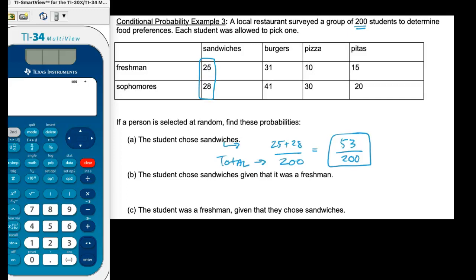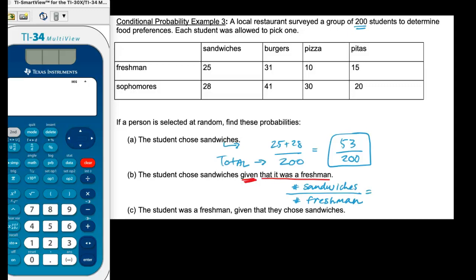Okay, so let's look at the next one. The student chose sandwiches given that it was a freshman. So given is important. We look at what comes after the word given, and we narrow down our sample space. So in our denominator, we're just going to put the number of freshmen because we know it was a freshman, and the number of sandwiches out of that group goes on top.